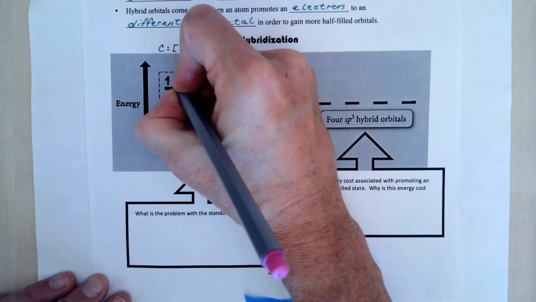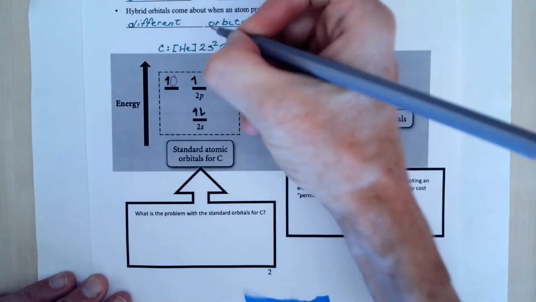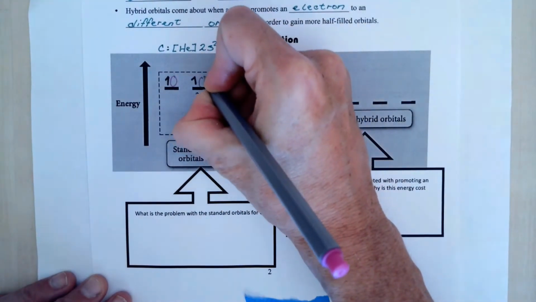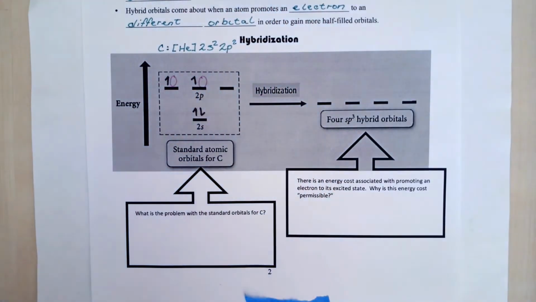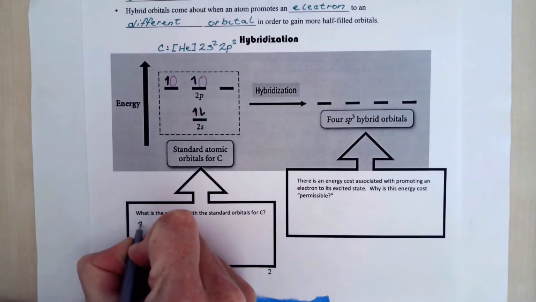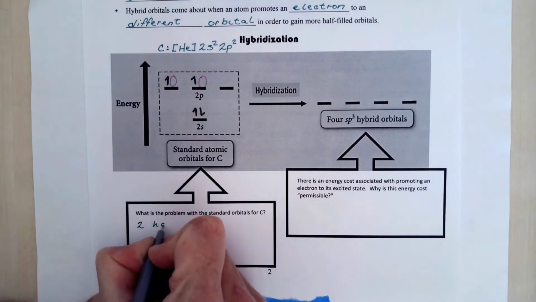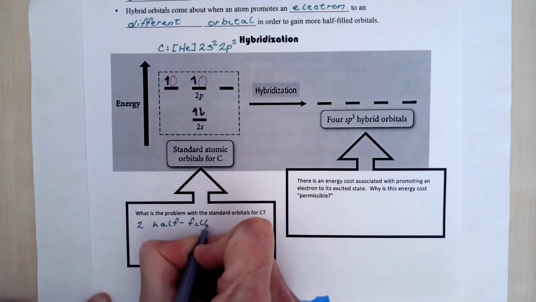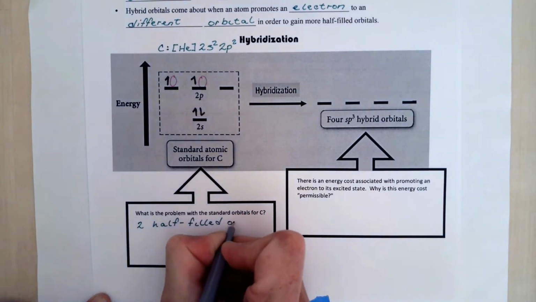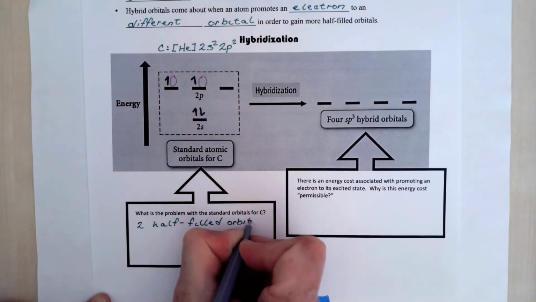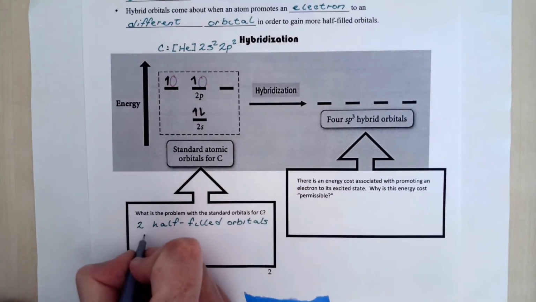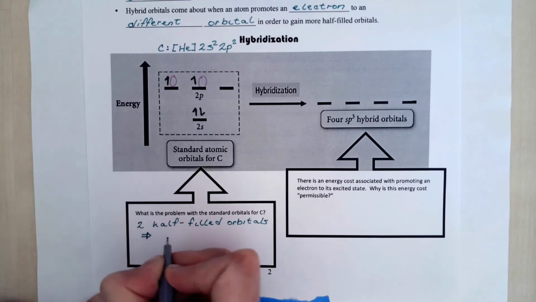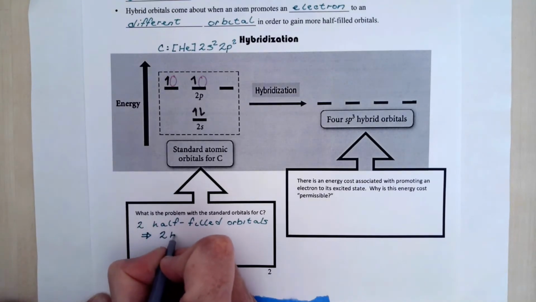So currently we have 2 half-filled orbitals, which would result in 2 bonds.